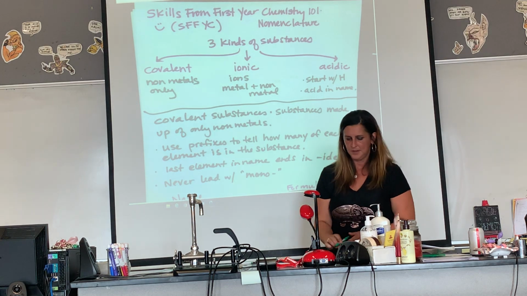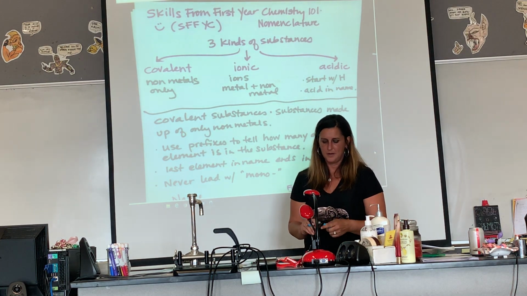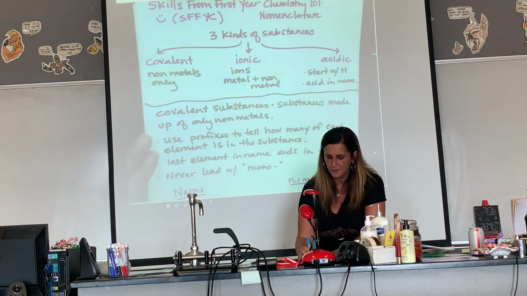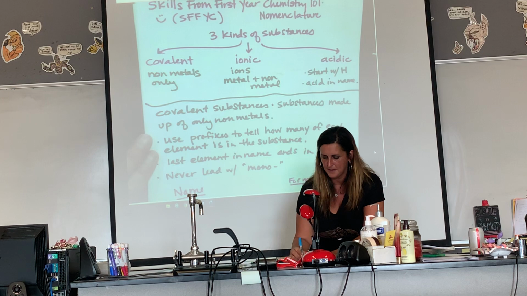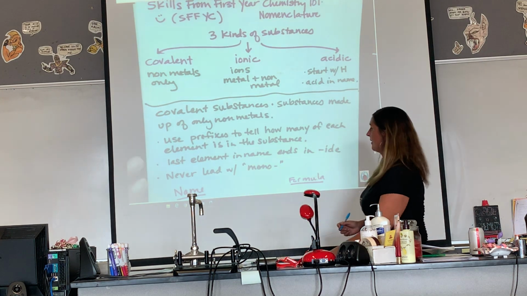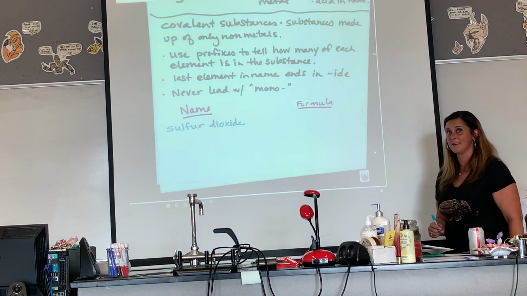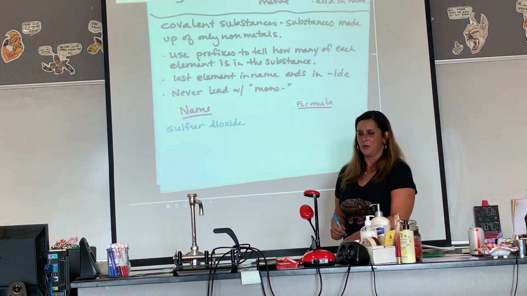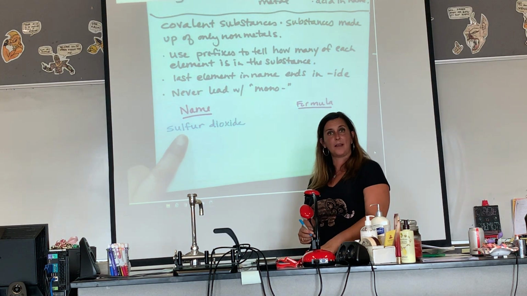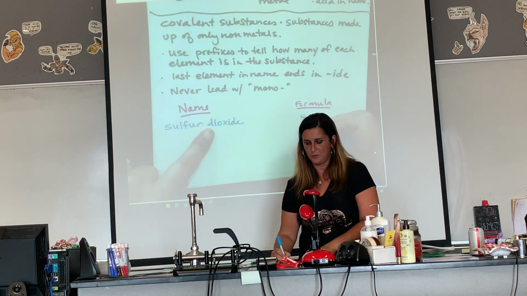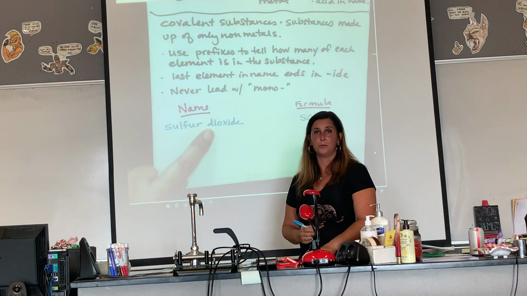Okay, so let's say that we have a name of sulfur dioxide. Sulfur dioxide. So we would know that sulfur is by itself and di is the prefix for 2. So we would have a formula of SO2.